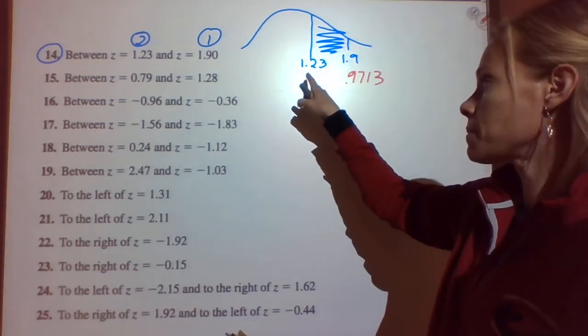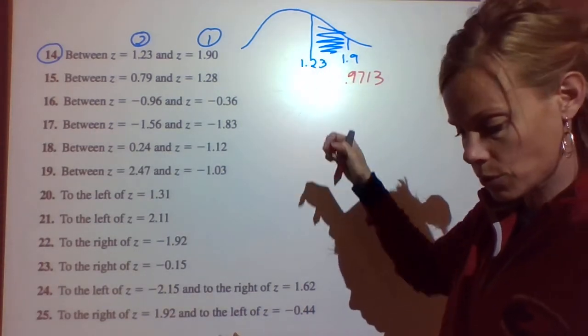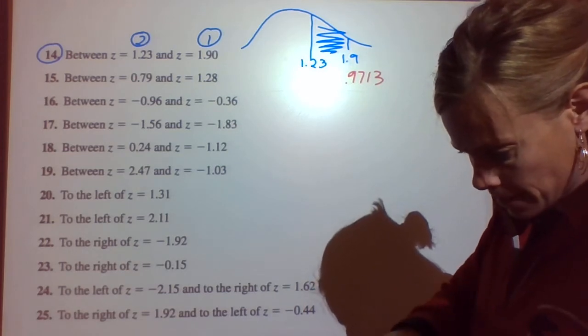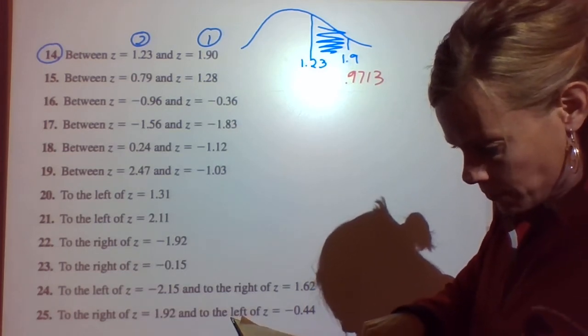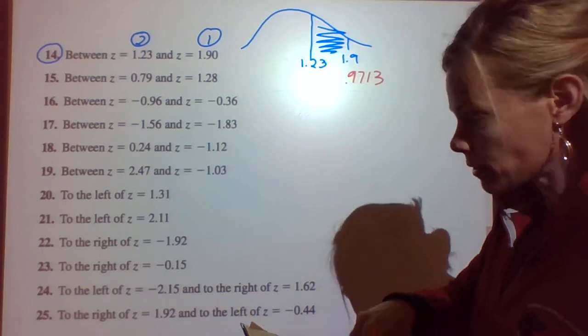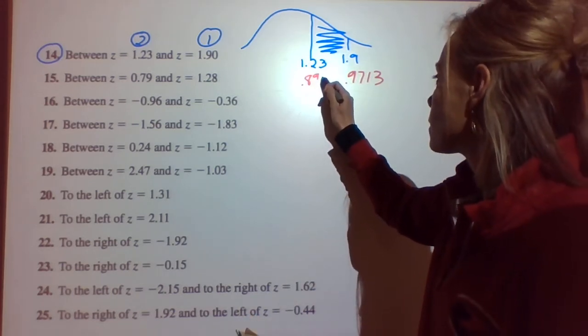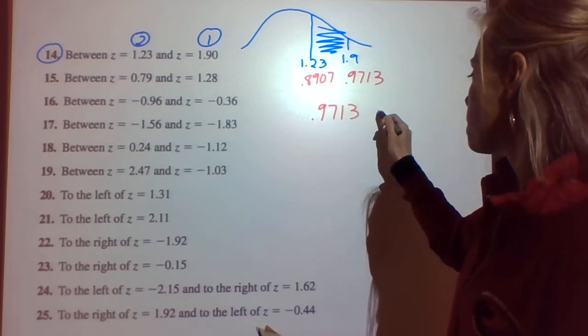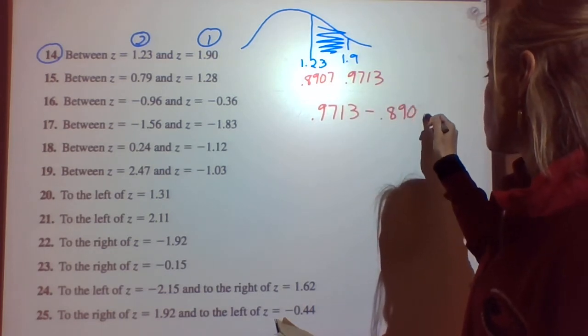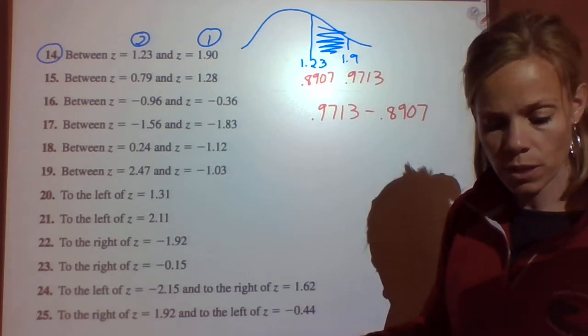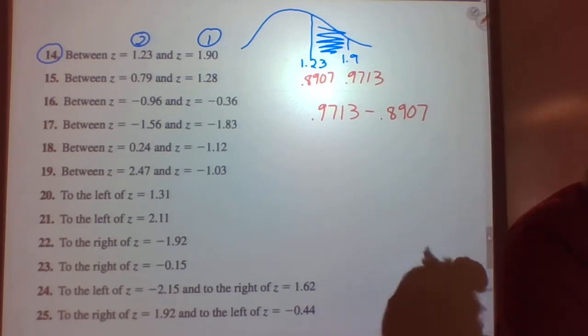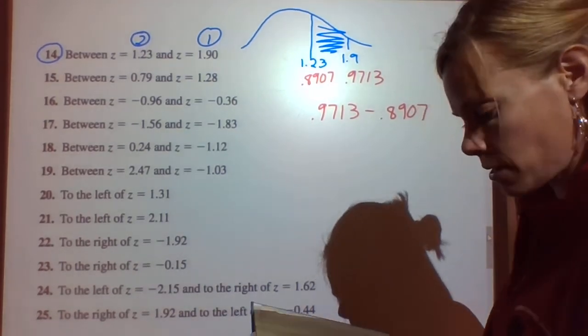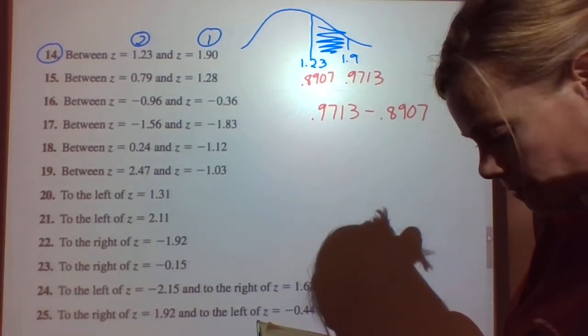So you're still looking up that exact z-score, 1.23, and it's 0.8907. And then I subtract the bigger minus the smaller, okay? So area in between, you just look up those numbers, don't change anything, and then subtract them.